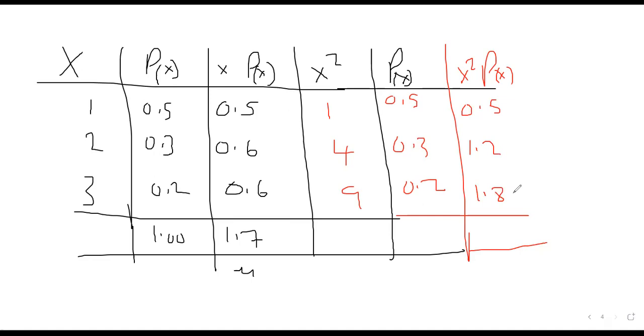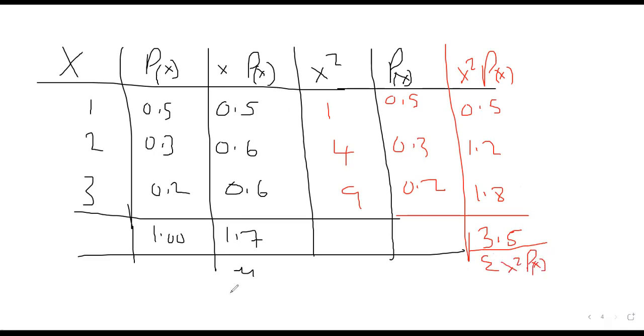Here we're going to get 3.5. So 3.5 is the sum of x squared px.